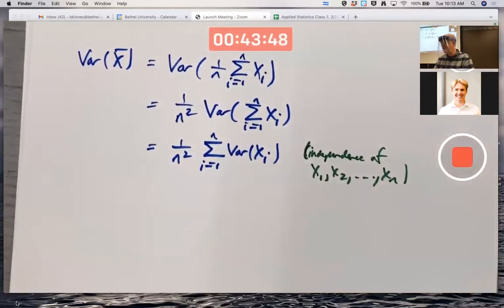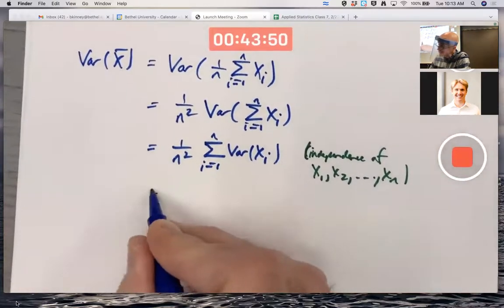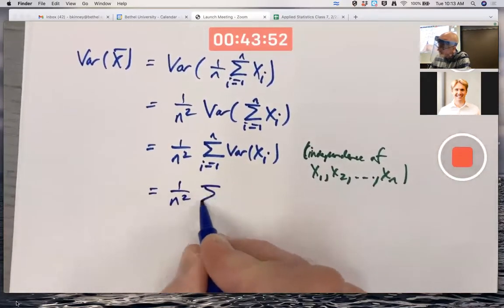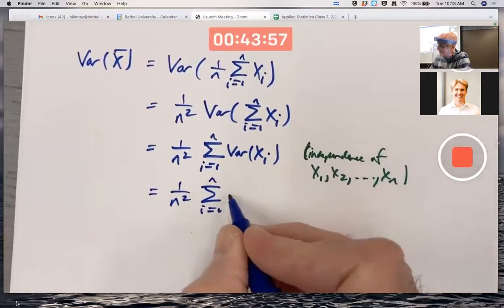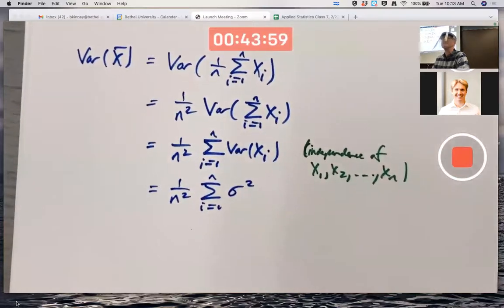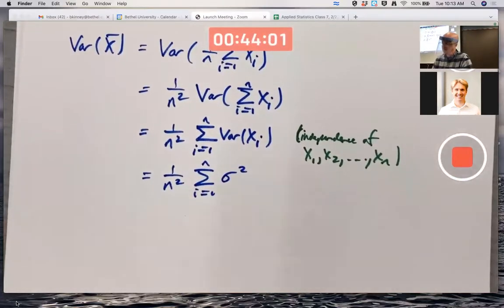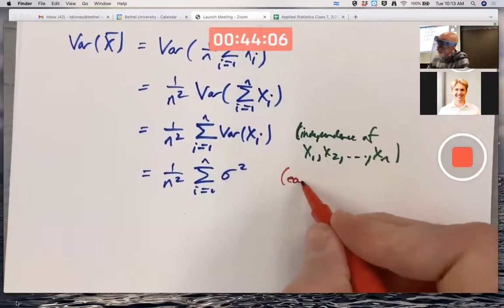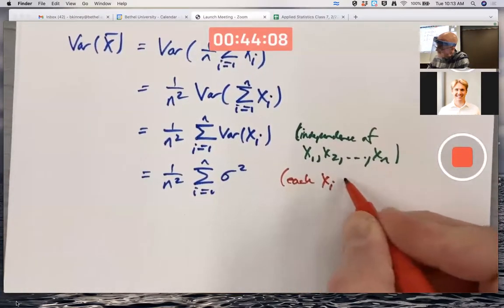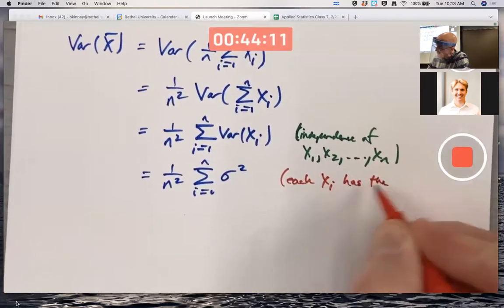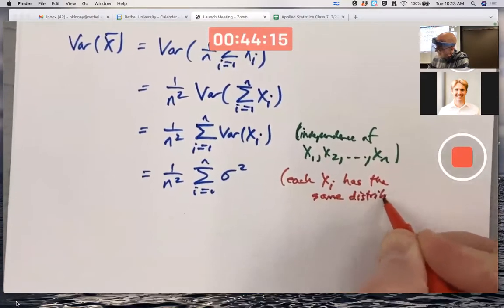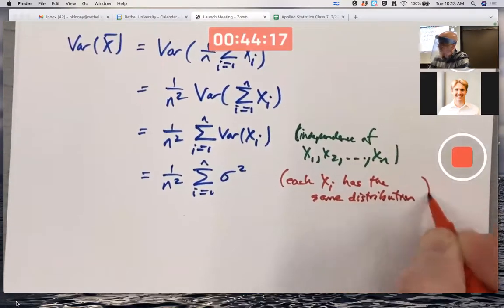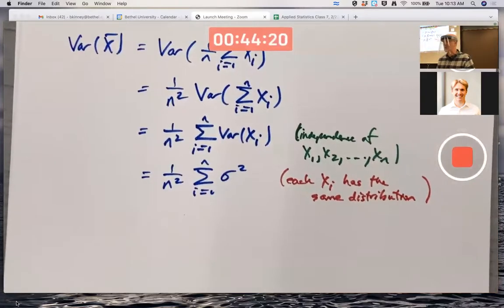And they do all have the same distribution. So even though a priori these variances could be different, in fact, they're all the same. Got a bunch of sigma squareds. Each Xi has the same distribution as X itself, the population variable that we're interested in learning about.